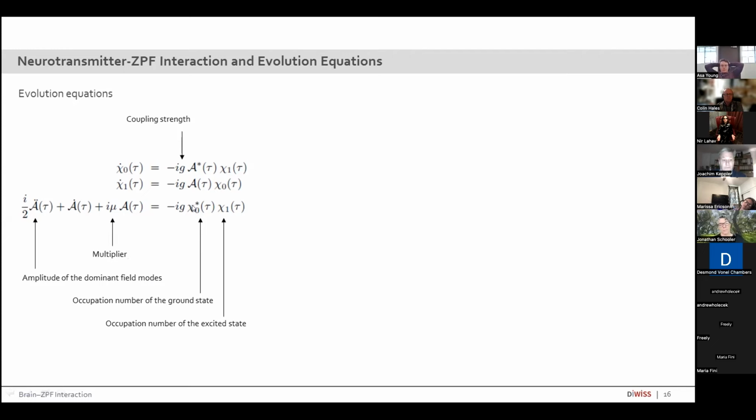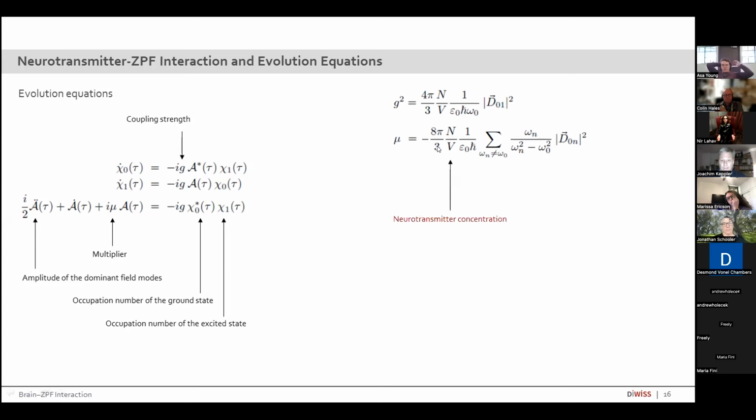And we have one multiplier, mu. This is the whole story here, the result of the calculations. We have basically only two parameters that enter the game, namely G, the coupling strength, and this multiplier mu. And these depend on the neurotransmitter concentration, which is the number of particles per volume, n divided by V.